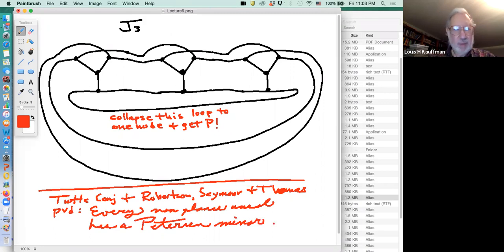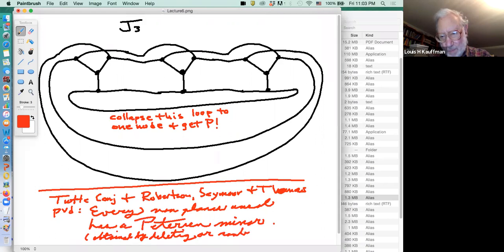On a graph, minor means that you can obtain it by deleting edges or contracting edges. So contracting that loop to a point is showing that this has a Peterson minor. And then you can have some fun looking for the Peterson minors in the J2n+1s, if you like, right?